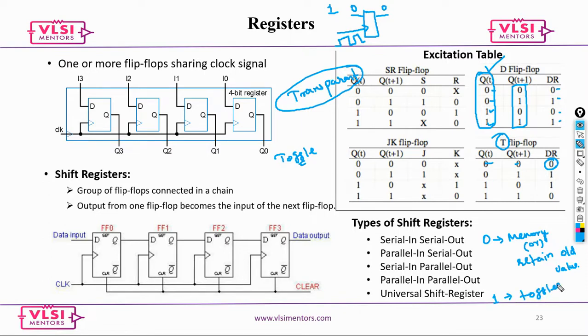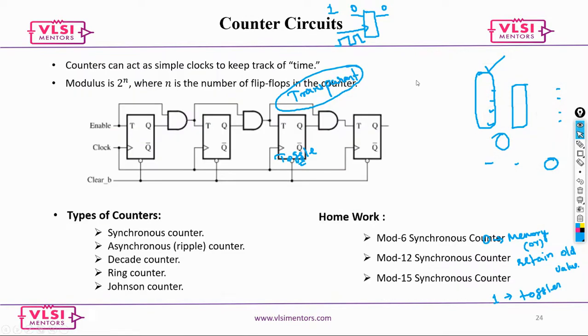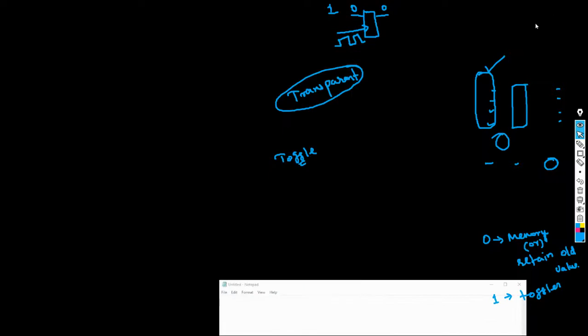What is the meaning of toggle? Toggle means if you give 1 at the input, the output keeps toggling. Say for example you have a D flop like this, and the output Q is 0.